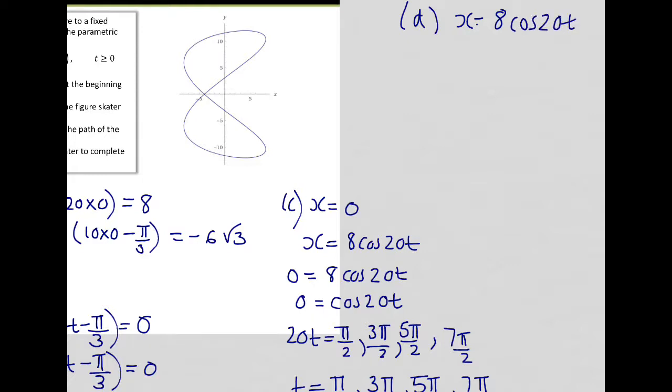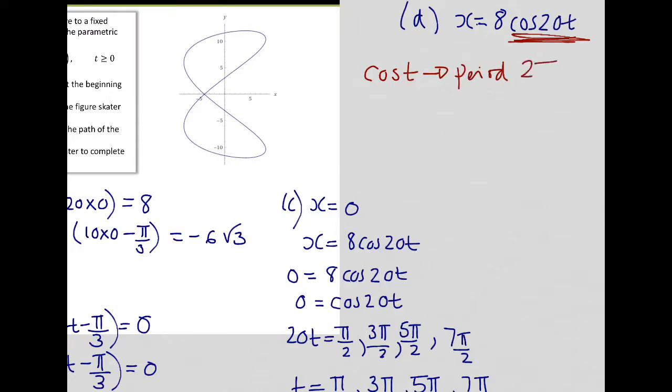Now, if you think about the graph, if I had the graph cos t, that repeats every 2 pi, if you think of a cos graph.